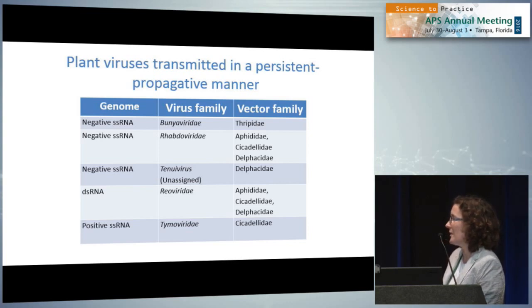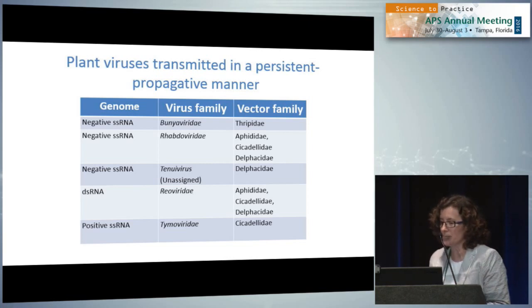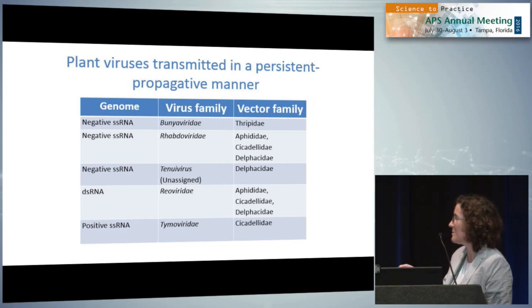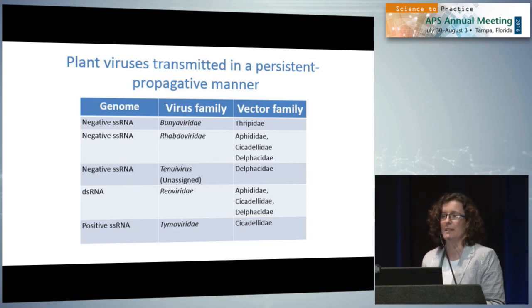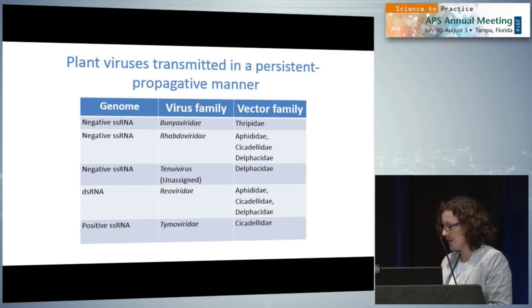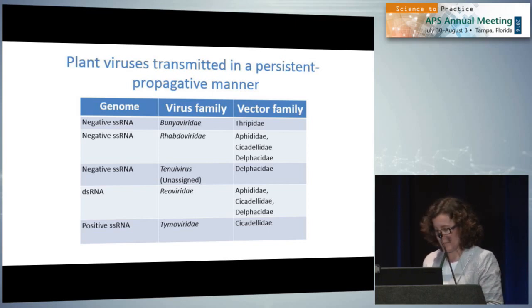We have the double-stranded RNA viruses, and one anomaly here of a positive strand RNA virus that actually replicates in the arthropod vector. One interesting thing about these viruses is that a lot of them are in virus families that infect animal hosts as well. So these viruses have acquired a protein that enables them to move through plants, a virus movement protein. And most of the people in this room are well aware of that.